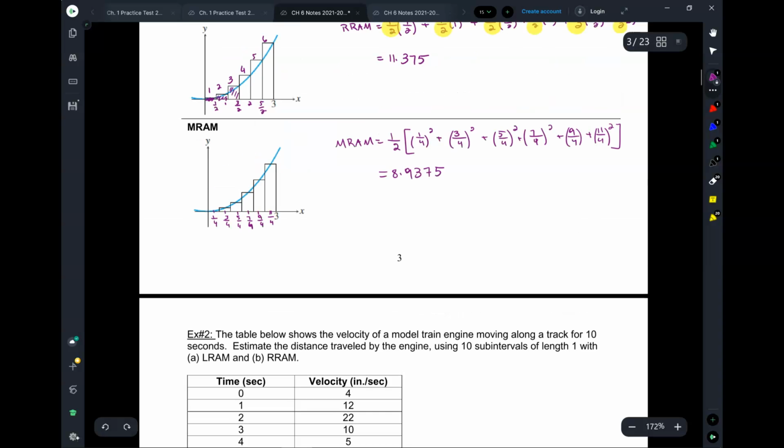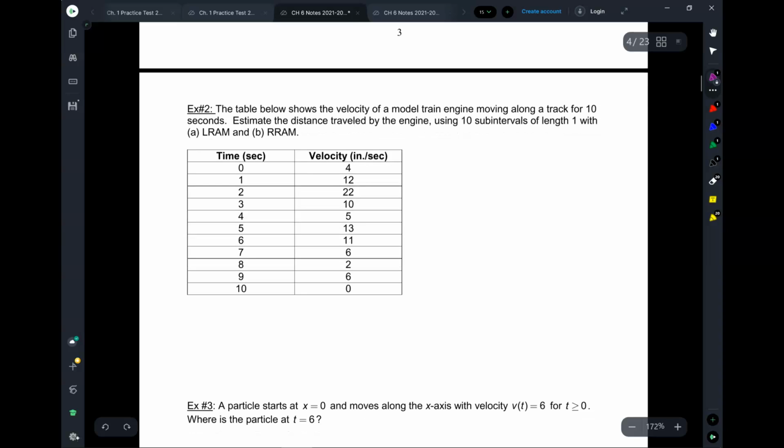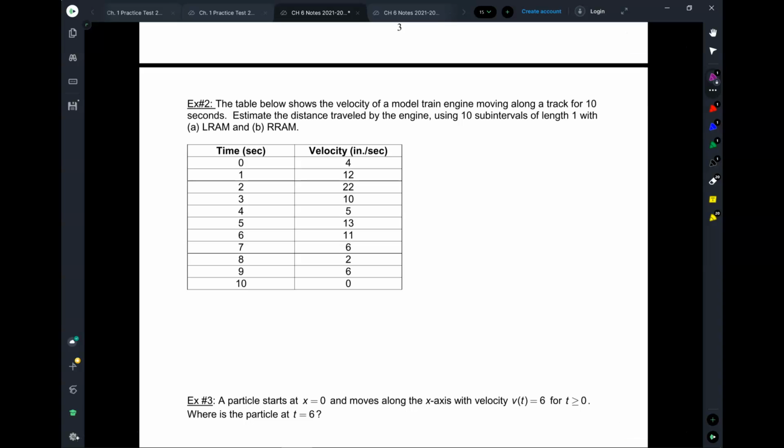Okay. All right. So now, you're not going to be given the same information every single time. Sometimes all you have is a data set, like this one. This is a table that shows the velocity of a model train engine moving along a track for 10 seconds. So somebody just recorded the velocity every second for 10 seconds.